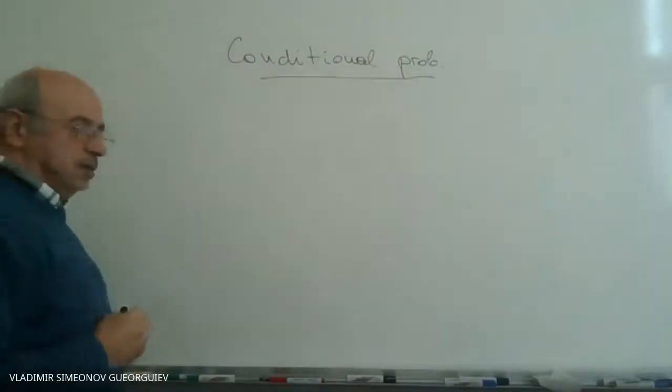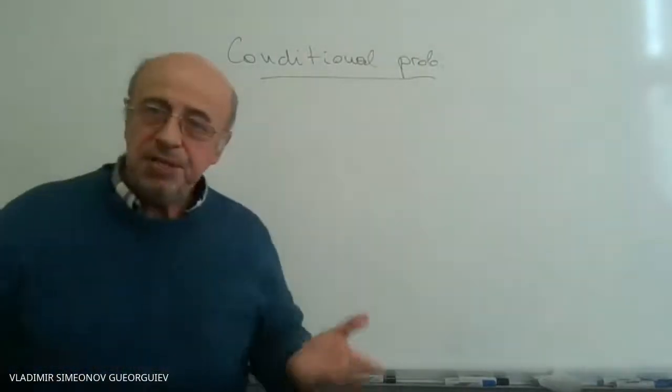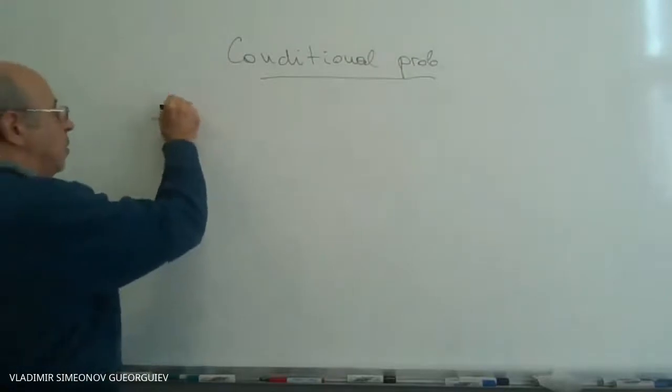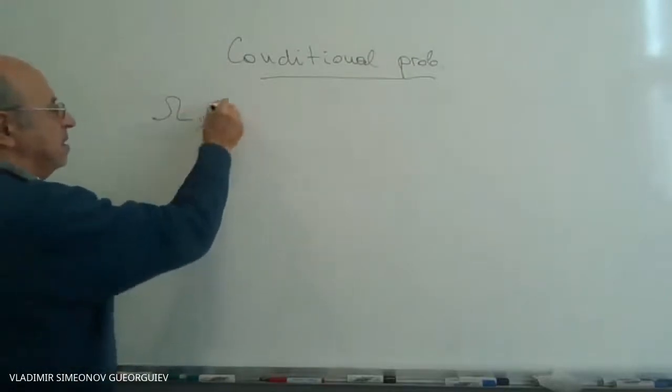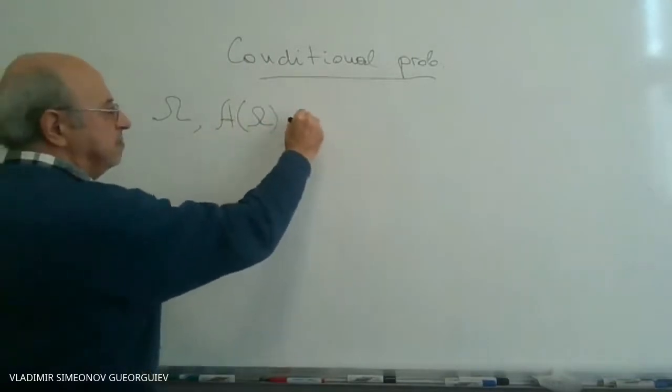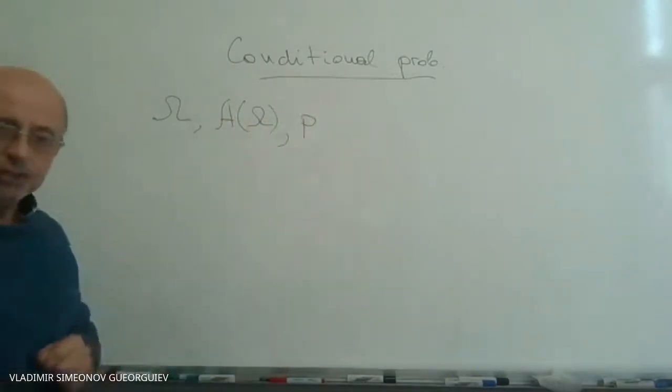We know that for our probability space, we have a generic set omega. We have then an algebra of subsets, and then we have also a probability function.